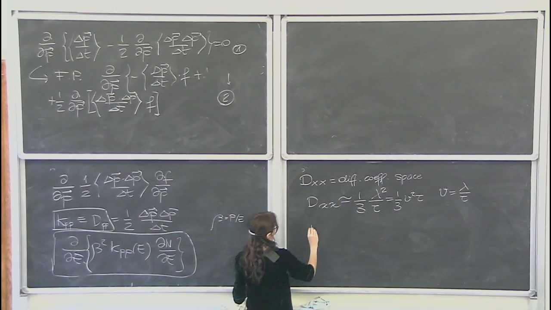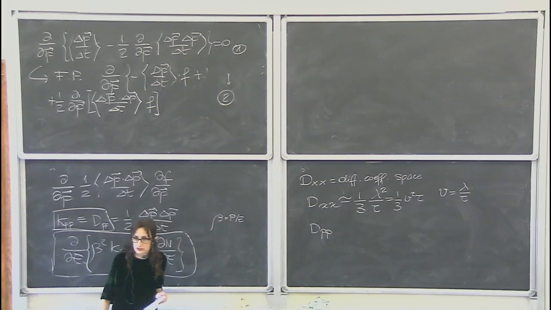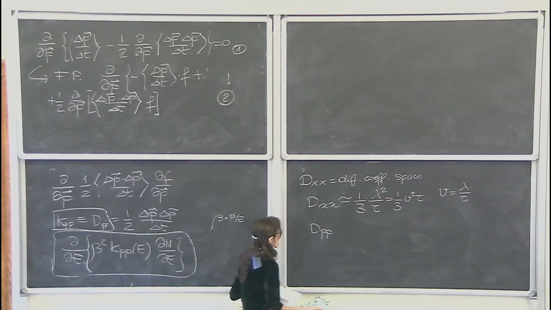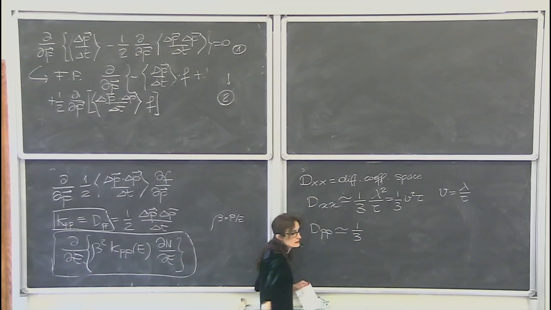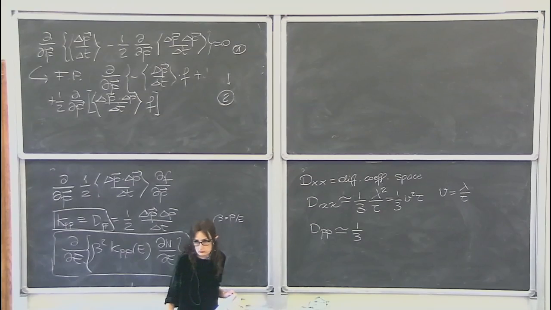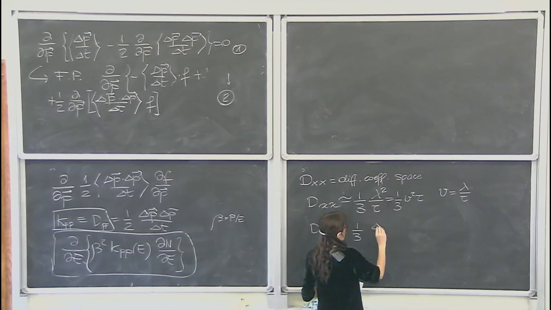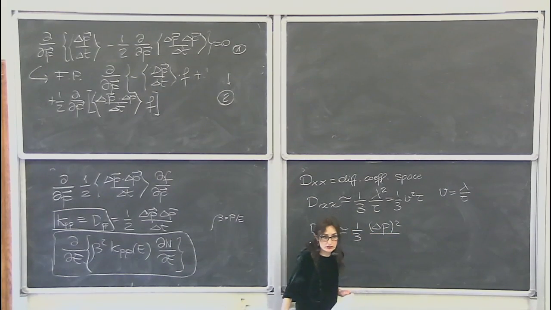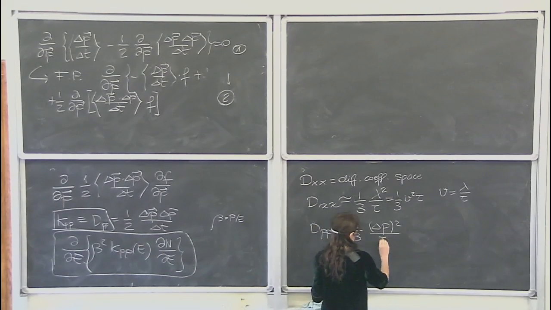And now we want to write a similar expression for the coefficient in momentum space, for the diffusion coefficient in momentum space. And from similar arguments, you can see that it is, let's say, this number 1/3 for not the travel distance, but the shift in momentum, and divided by tau.